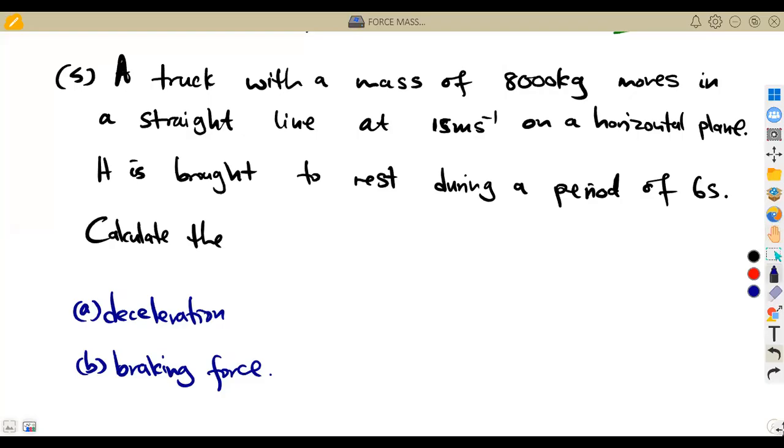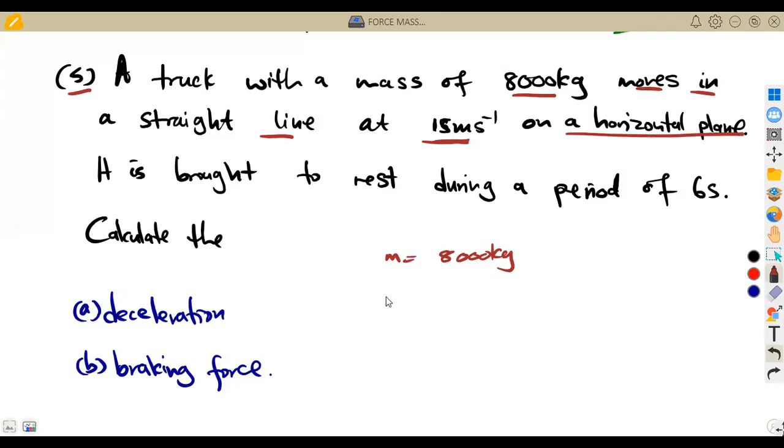If you are to check now on this part, it's just a similar question like the previous part. We shall only note that on this one, we are given, okay, let's take our information, a truck with a mass of 8,000 kilograms, moves in a straight line at 15 meters per second on the horizontal plane.